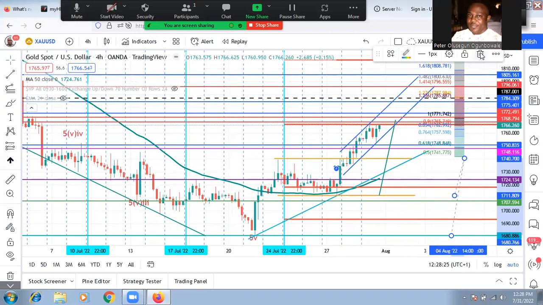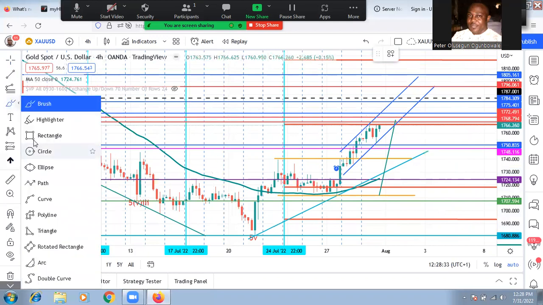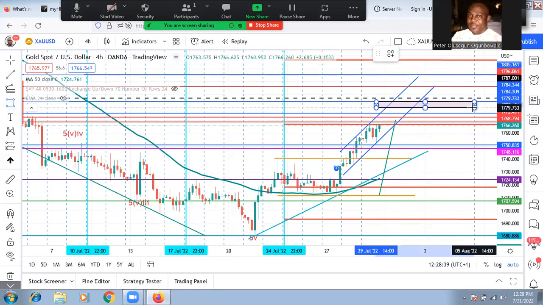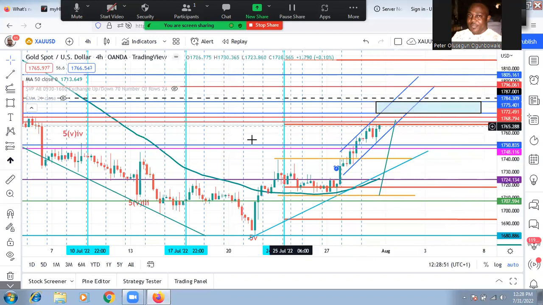This is the area I'll be looking for price really. I'll be looking for price here. That's the area I will be looking for price.